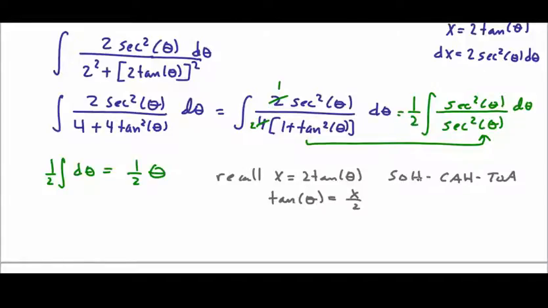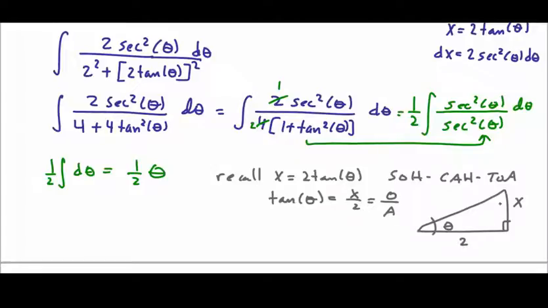Sine is opposite over hypotenuse, cosine is adjacent over hypotenuse, tangent is opposite over adjacent. So in this particular case, I'm looking at tangent is opposite over adjacent. So if I draw a quick right triangle, and when you put these on your homeworks and exams, make sure you always mark the angle that you're using, theta.